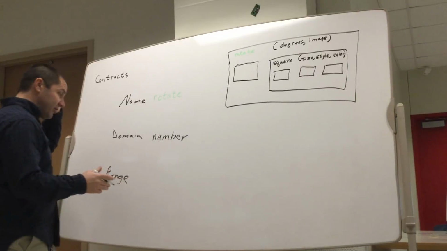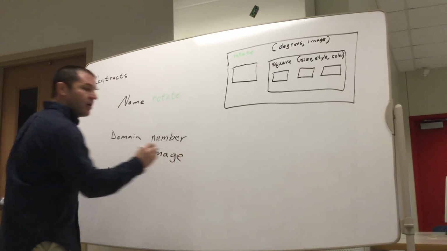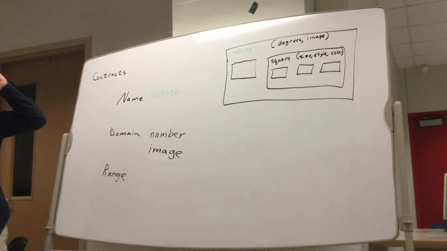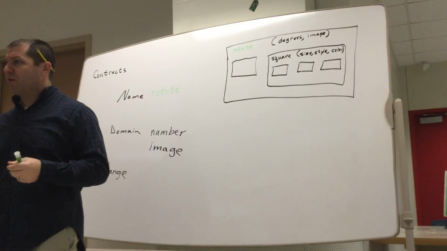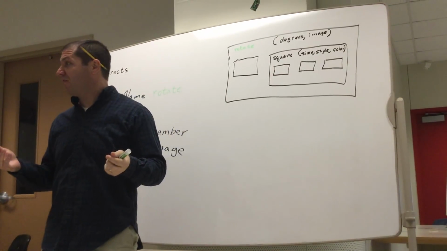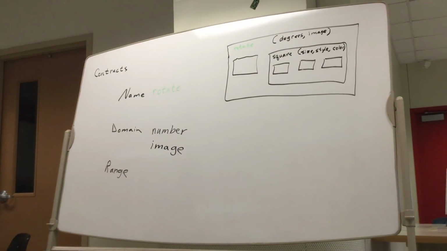Then it also requires any image. So we're not just limited to a square image. It can be any image that we put in to this spot right here. Right now I put in square as an example because it's what's used in your program.